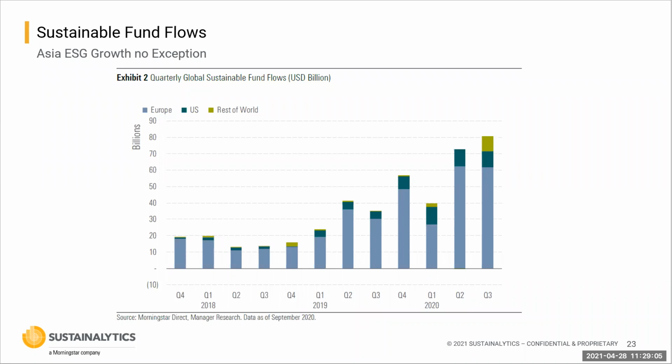So it is a trend that we see some significant growth currently, and in fact, Asia is one of our largest growing markets. So we don't see this slowing down anytime soon. We just see this accelerating.